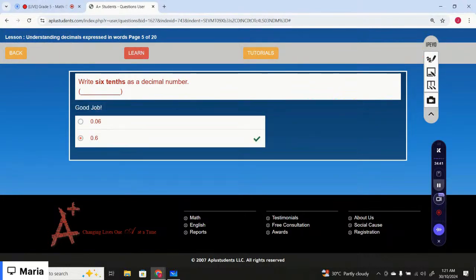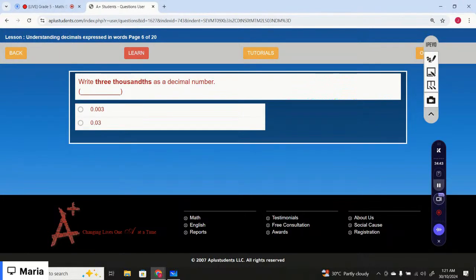The next one is write 3 thousandths as a decimal number. So which is the correct option? Which option is the correct one? 3 thousandths, right?